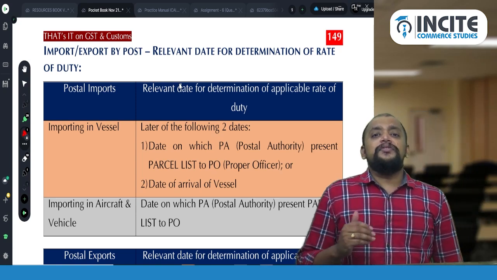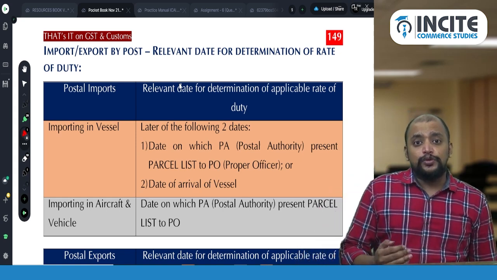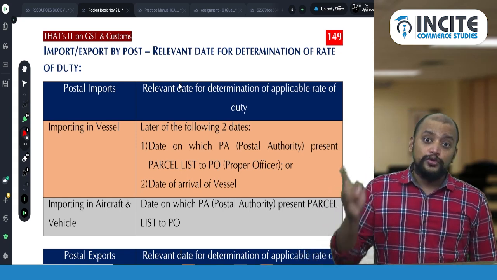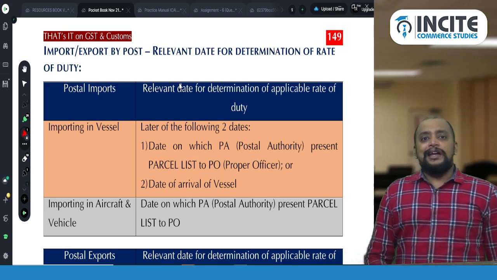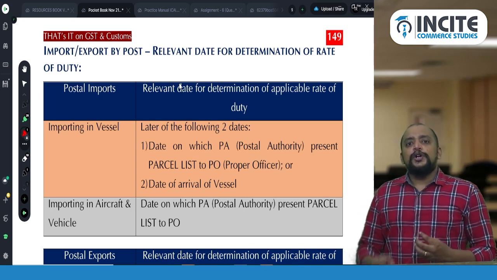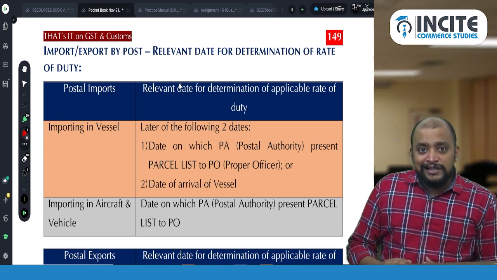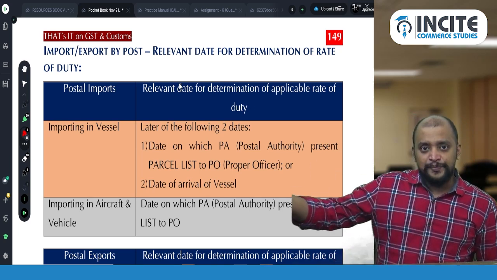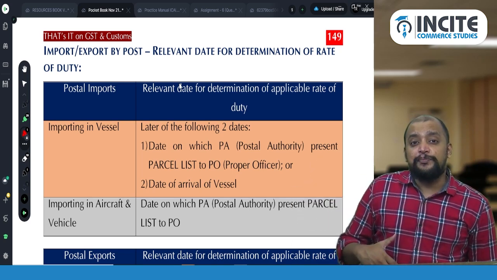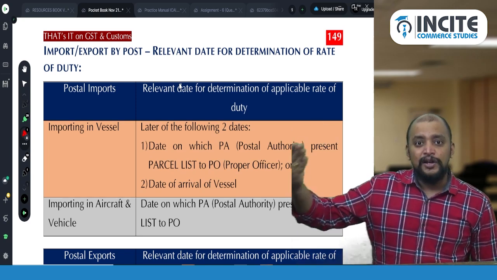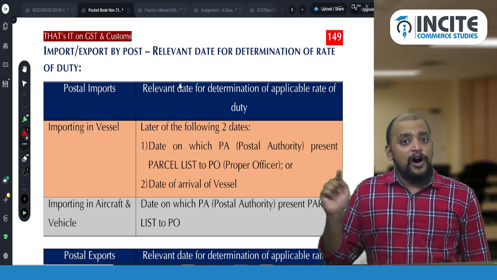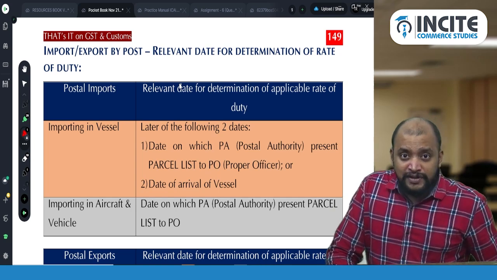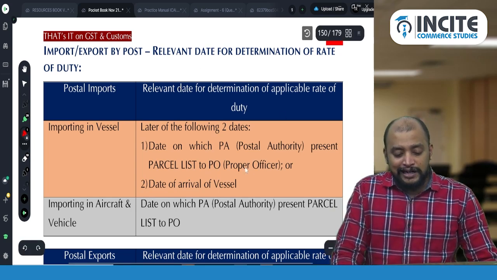First, if the import takes place through vessel, post or courier through vessel mode, then the date on which the postal authorities submit the postal list or the courier agency submits the parcel list to the officer, or the date of arrival of the vessel, whichever is later.